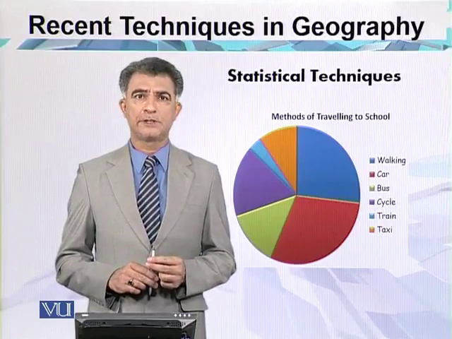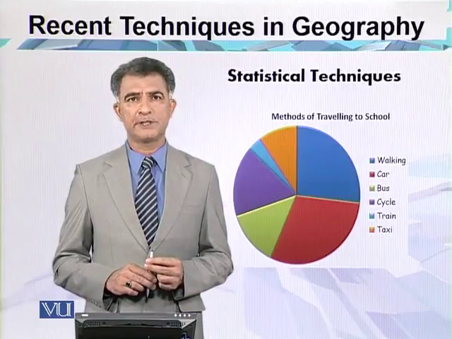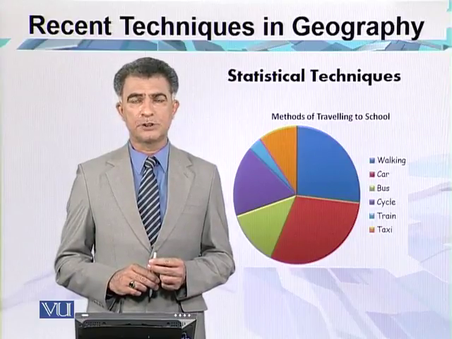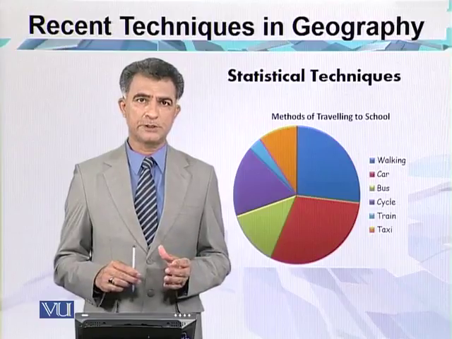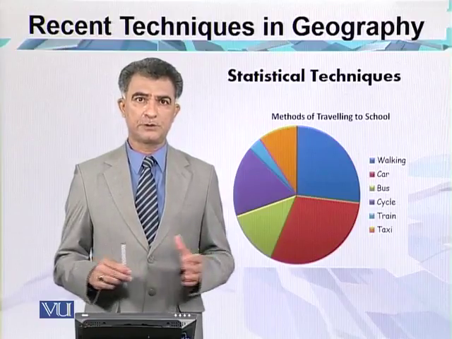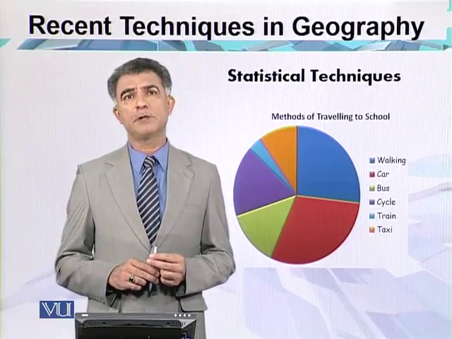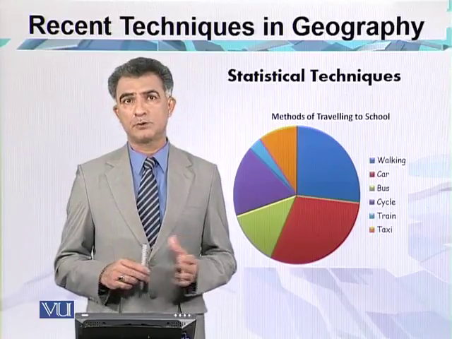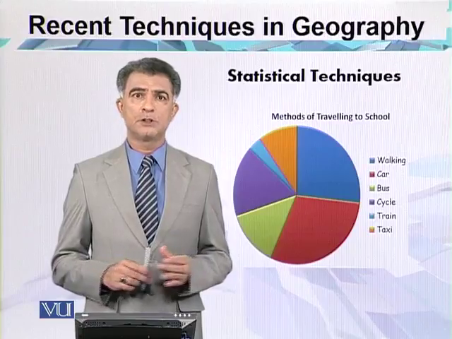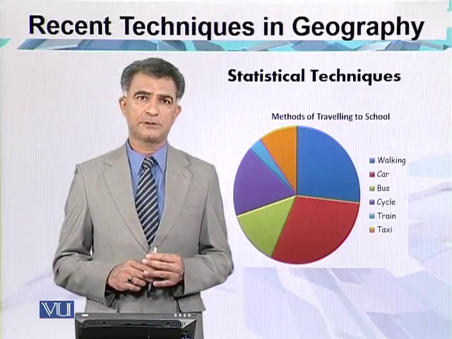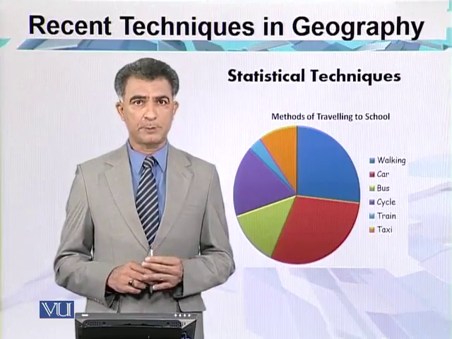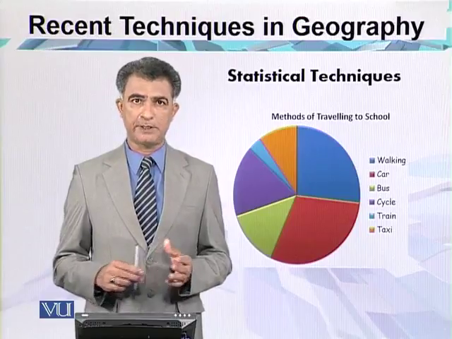So here the data can be presented in different ways. The number of school-going children is controlled by certain types of activities. Some are going by cars, some by public transport, and some by walking.